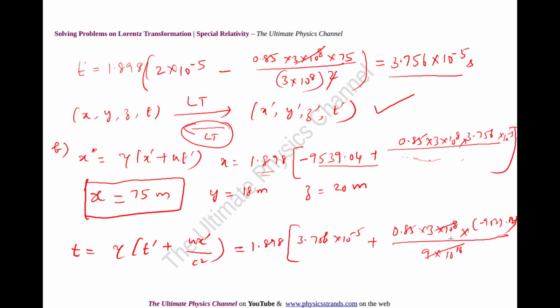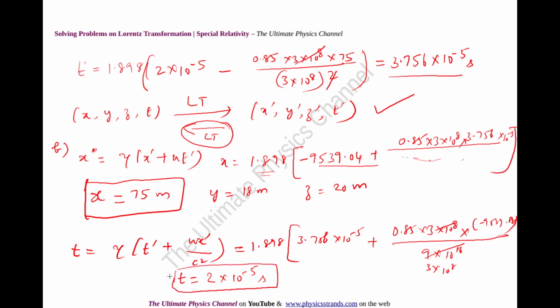So this one will cancel, you will end up having 3 into 10 power 8. And then if you do this calculation again, you will get exactly 2 into 10 power minus 5. I encourage the viewers to verify this.